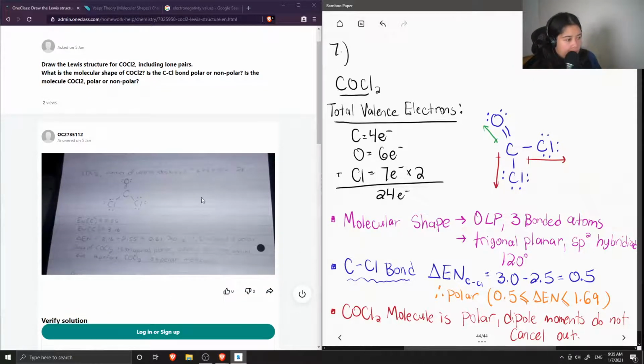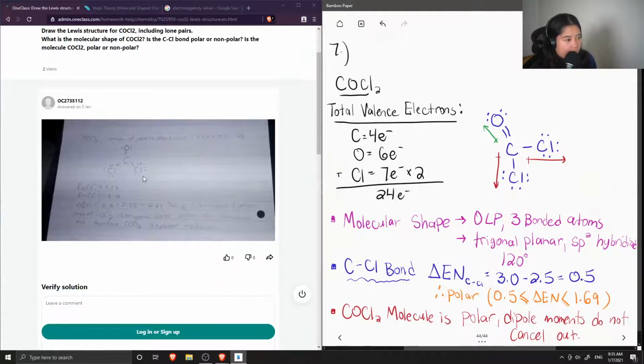Okay, so the junior tutor drew the same Lewis structure, and then they wrote out their electronegativity values of both carbon and chlorine. Okay, so the values they used had much more significant figures, so they were able to more accurately find an electronegativity difference of 0.61, which is greater than 0.4.